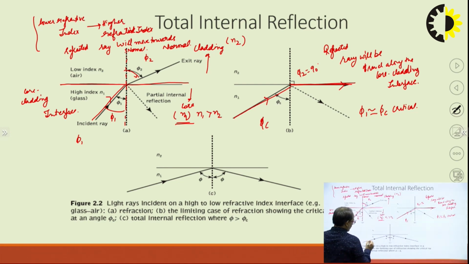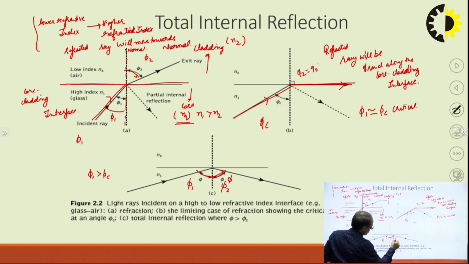Means if I increase phi 1 greater than phi c, the reflected ray goes back into the same medium, and phi 1 becomes equal to phi 2.